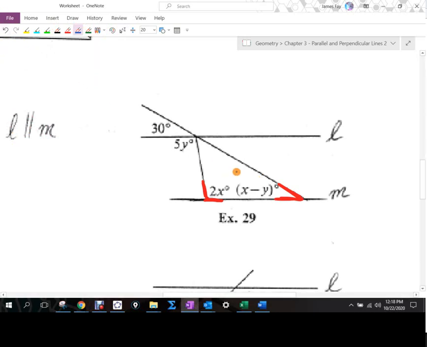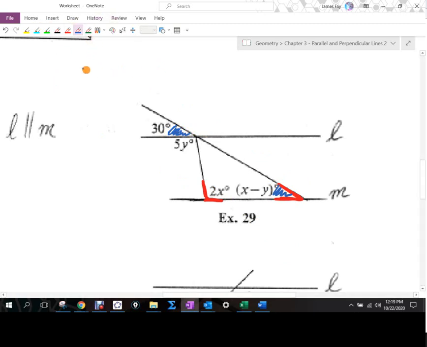Okay, so let's just be careful, because I agree with, you said that angle right there of 30 and that angle right there should be corresponding angles, correct?